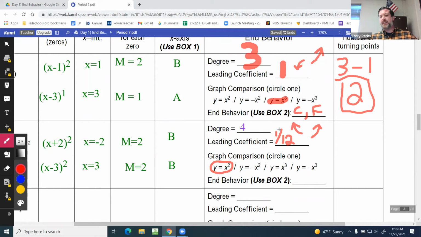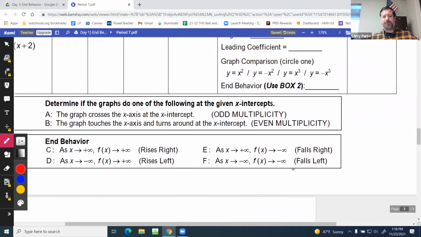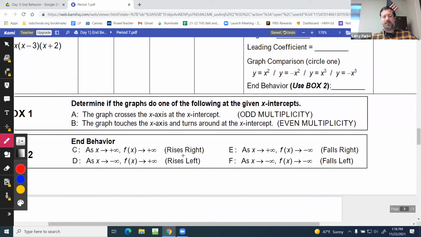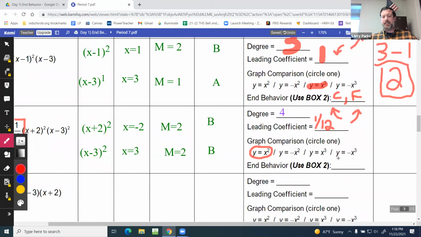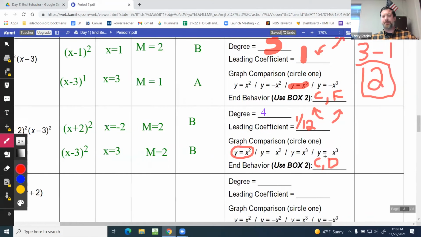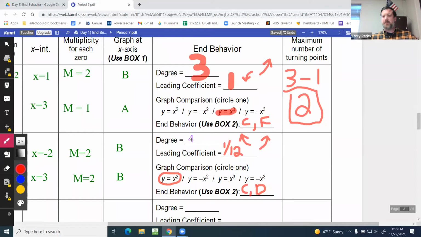So we need the one that says rises on the left, rises on the right. That'd be C and D. Maximum number of turning points would be 4 minus 1. That'd be 3.